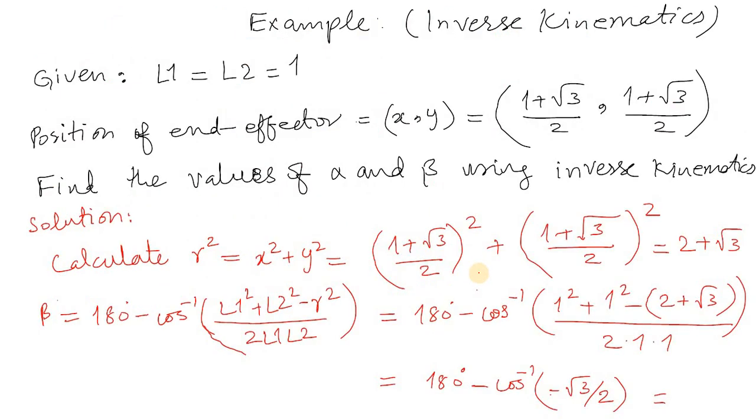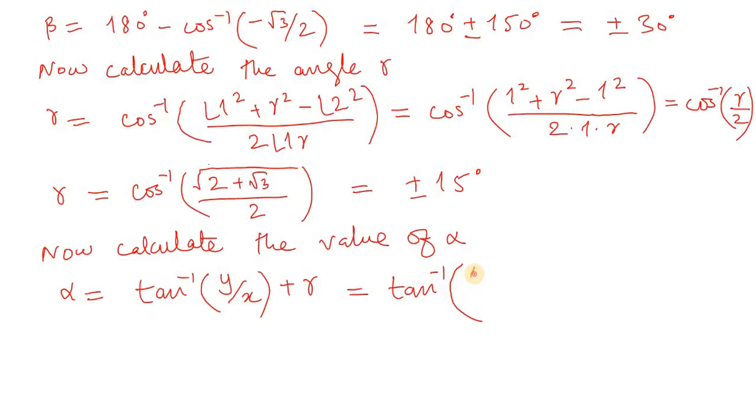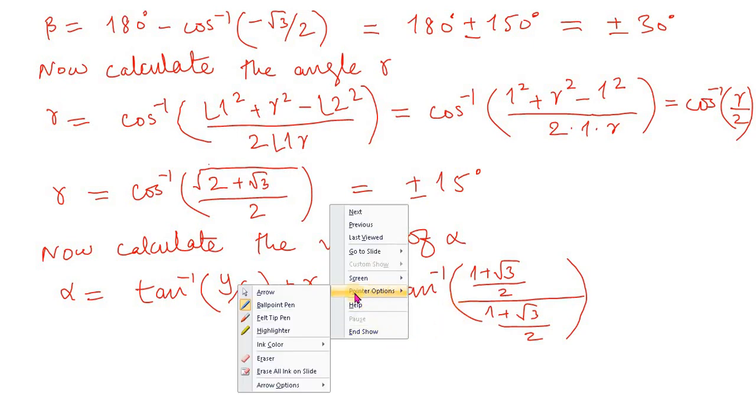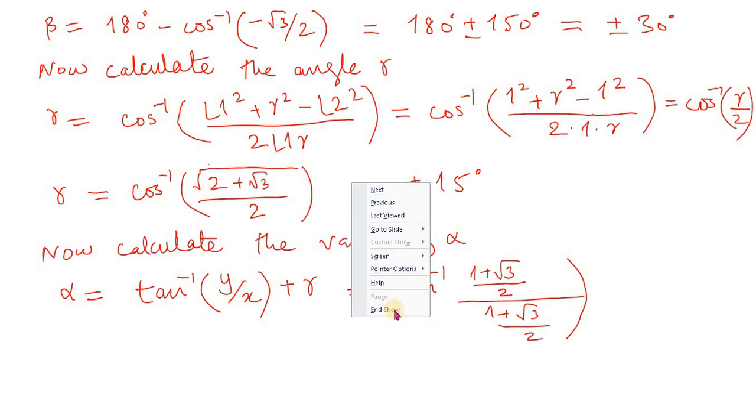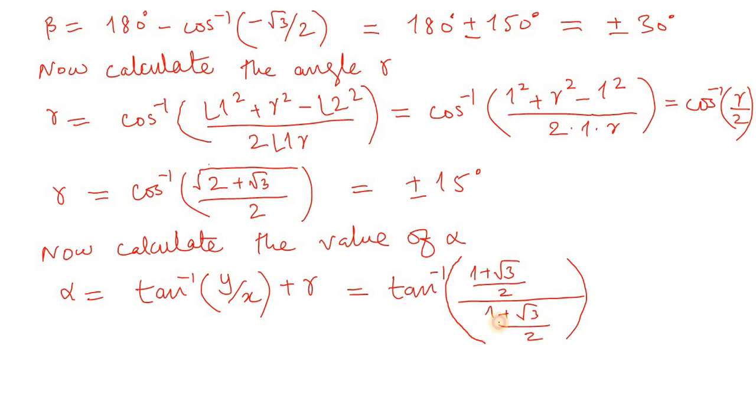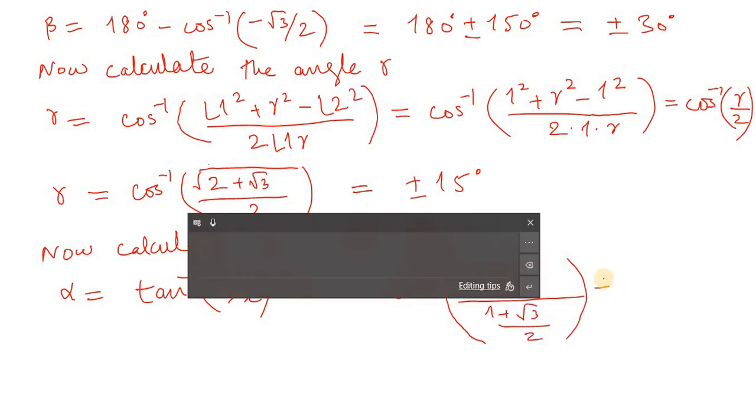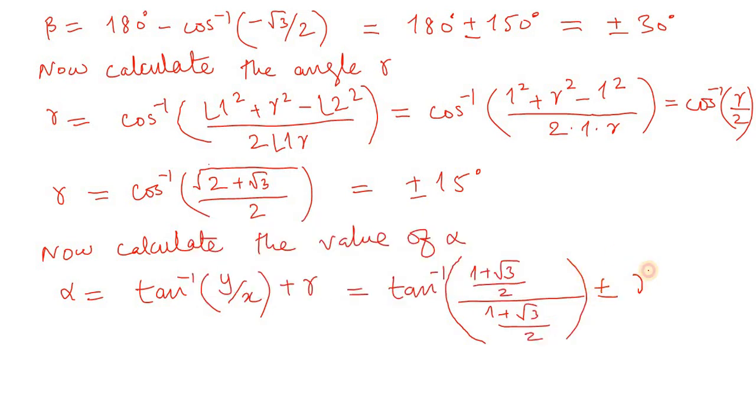So let me put it 1 plus under 3 by 2 and then we have plus or minus gamma. So this will be equal to 1.